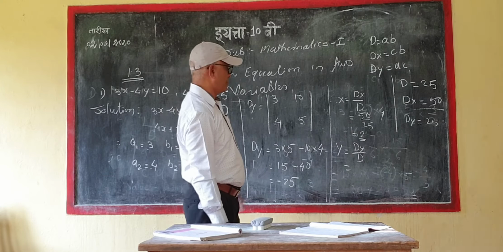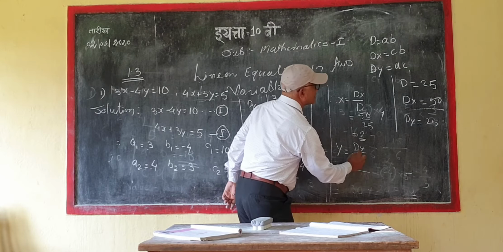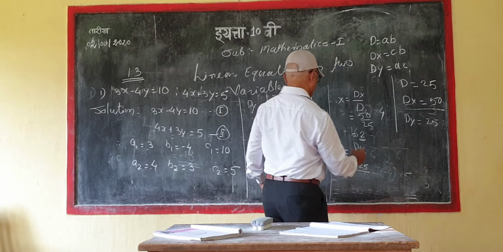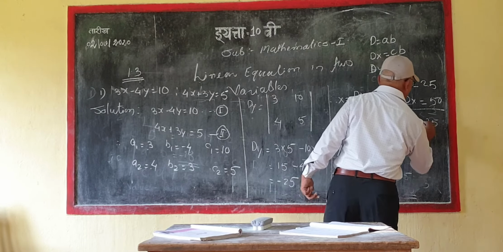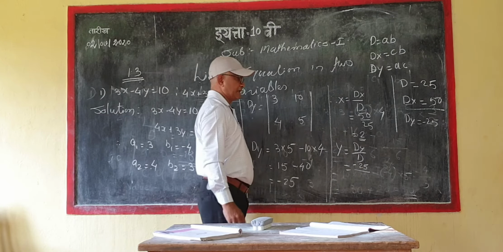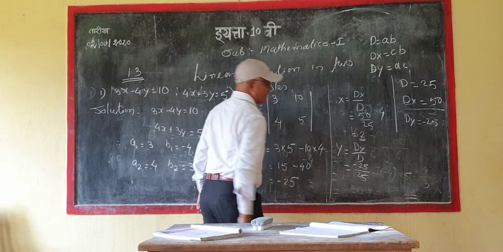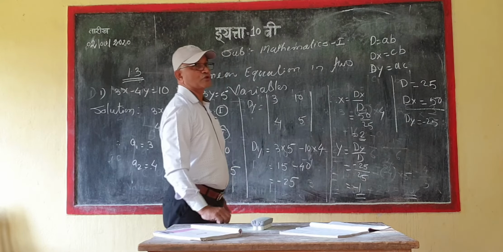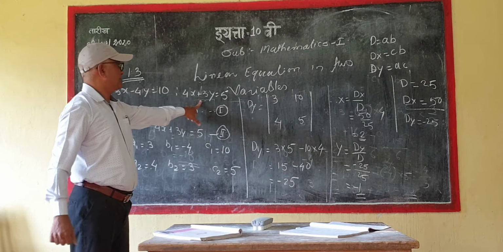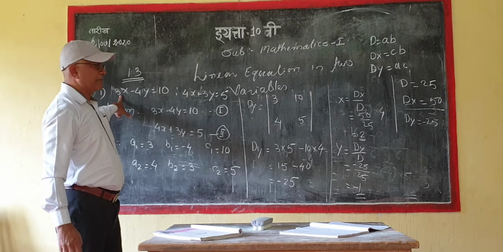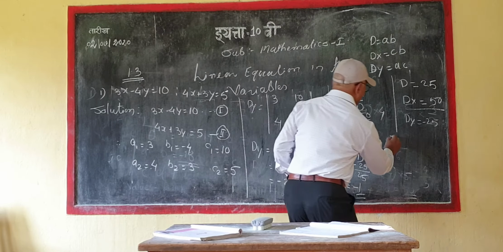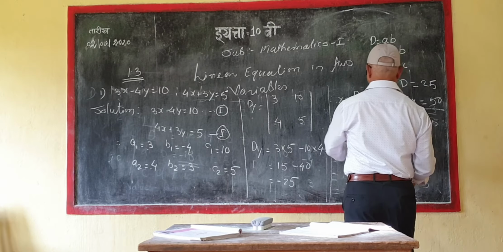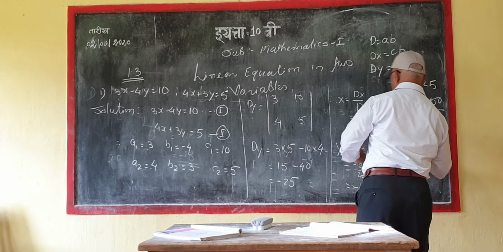Put the value of dy and d, dy is equal to minus 25 and the value of d is 25, we get minus 1. So the solutions of these simultaneous equations is xy is equal to 2 and minus 1.